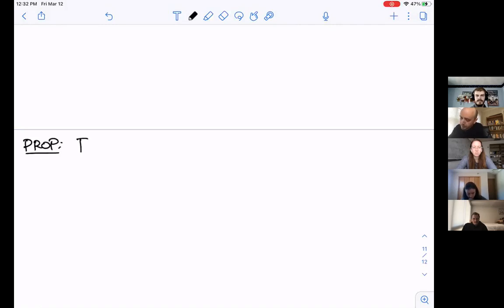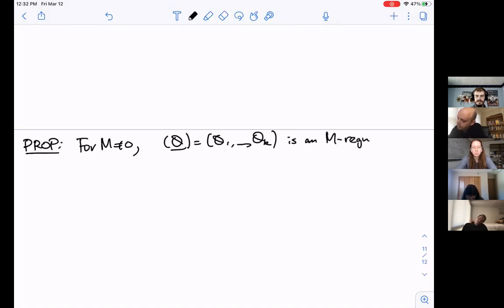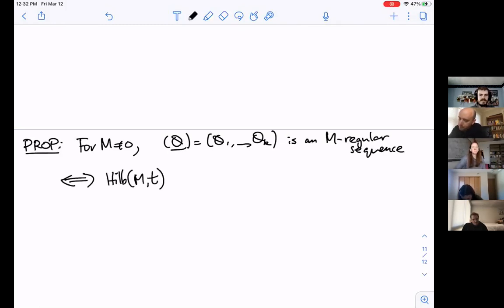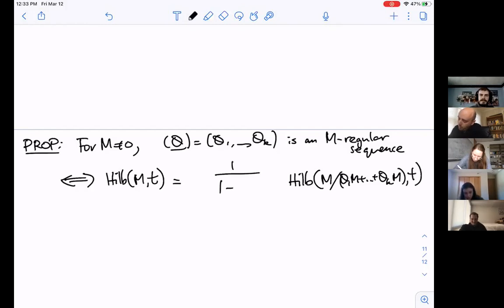We said for M not equal to 0, theta is an R sequence if and only if it is an M regular sequence, if and only if the relationship between the Hilbert series when you mod out by them and before you mod out by them is totally predicted by their degrees. Namely, it's 1 over 1 minus t to the degree of theta i, that product.